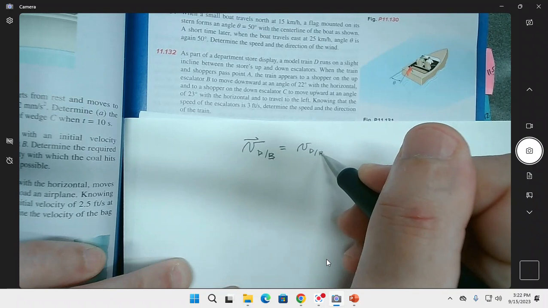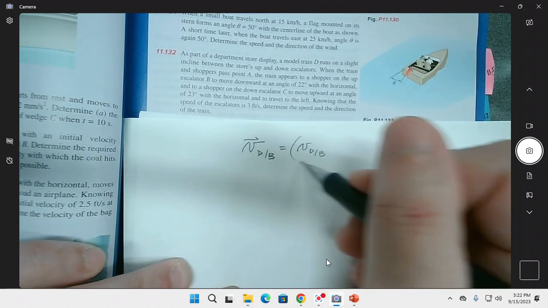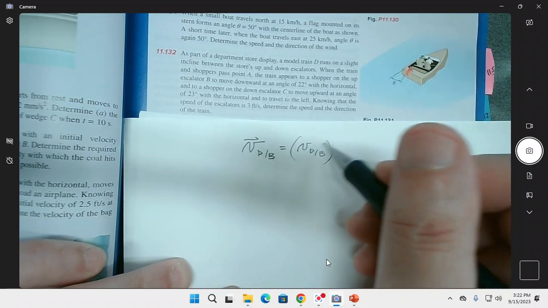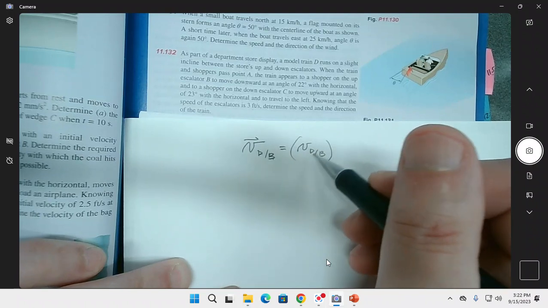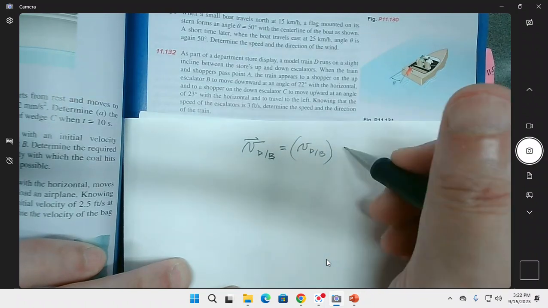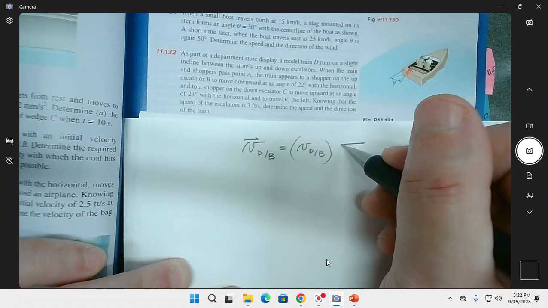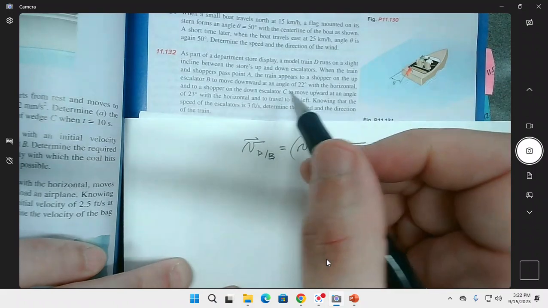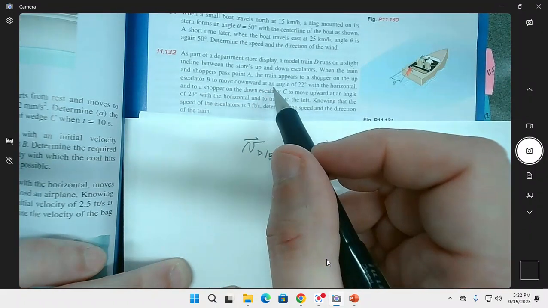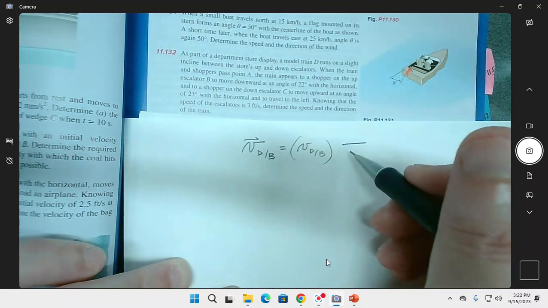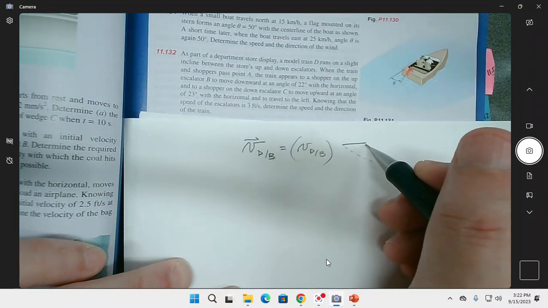So it's going to be VD with respect to B as a variable, but we don't know what it is. It's going to be coming down, moving downward with an angle with respect to horizontal. I can't decide, is that going to be that way or that way?